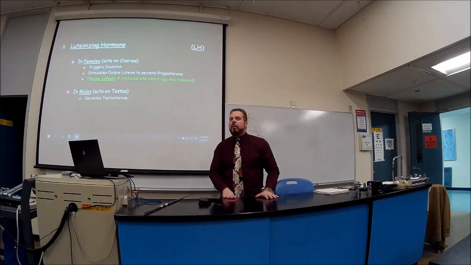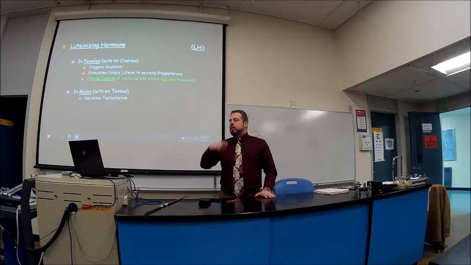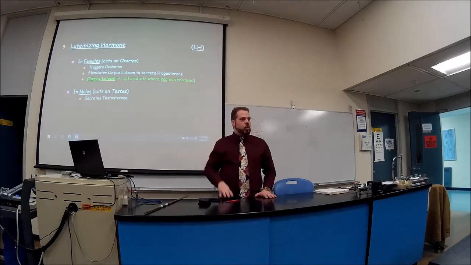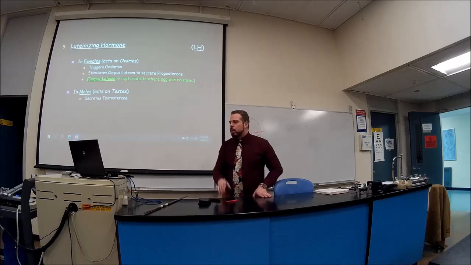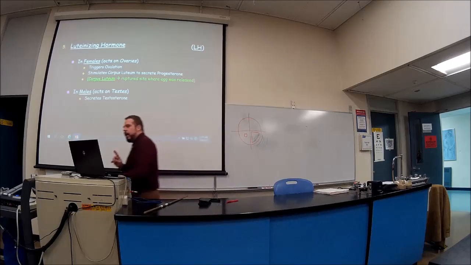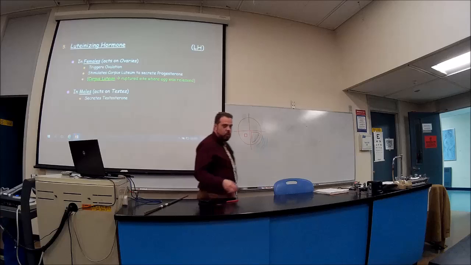It has a new name. It's called the corpus luteum. And that corpus luteum is also going to release hormones, which we'll get into in the reproductive system. Okay? But yes, hint, hint. LH triggers ovulation. In males, it secretes testosterone from the testes or testicles.